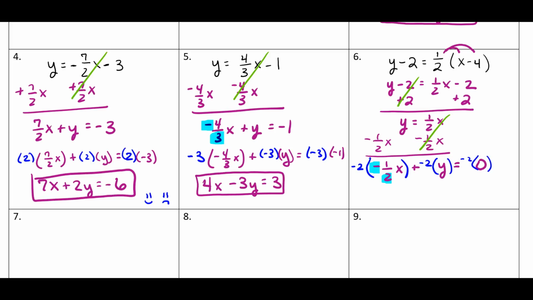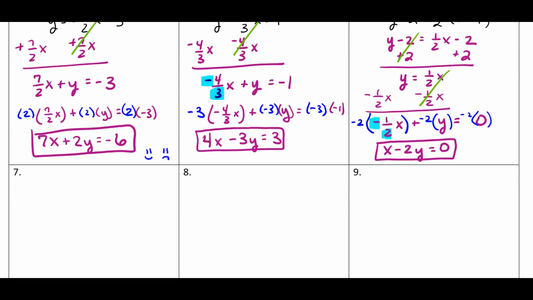So this is going to give us x minus 2y equals, now please be careful, negative 2 times 0 is 0. Don't put negative 2 by accident. You're not adding or subtracting here, you're multiplying. So now if we look, x is positive, no fractions or decimals, and x and y are on the same side by themselves. So that is now in standard form.